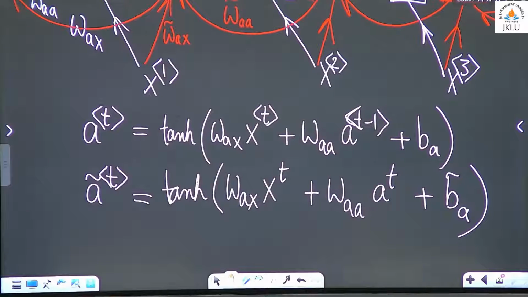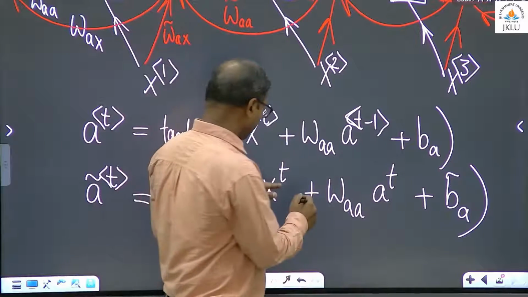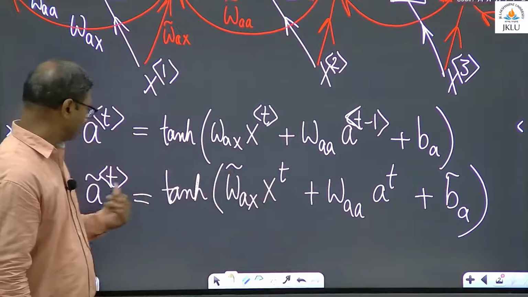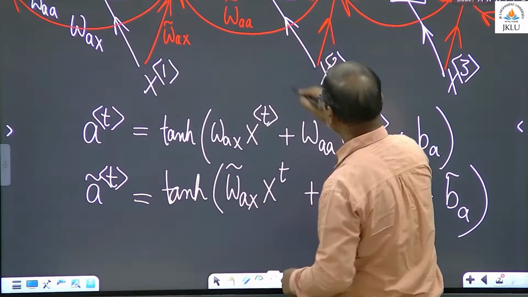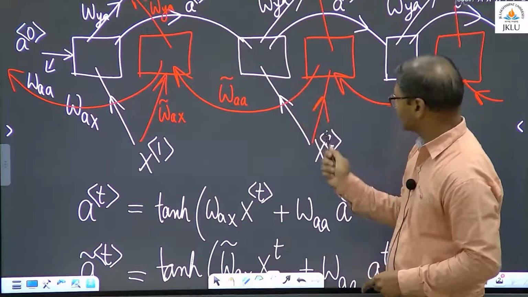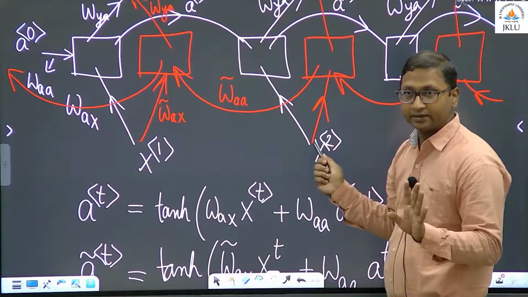What should it be? WAX tilde. Then does it depend on XT? AT depends on XT, right? So if you see here, whichever direction it is, forward or reverse, at tth timestamp depends on xt.